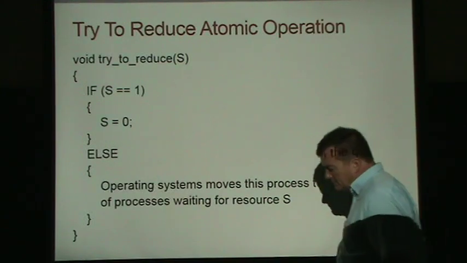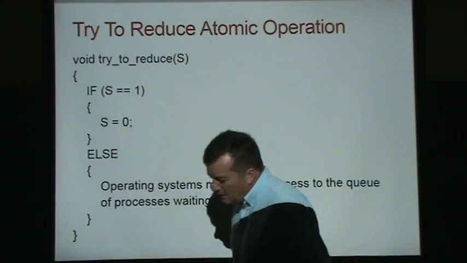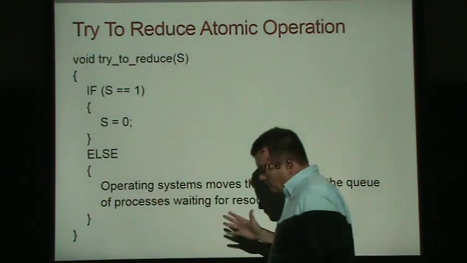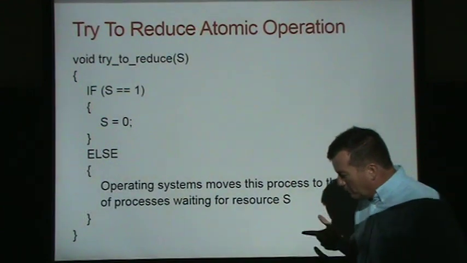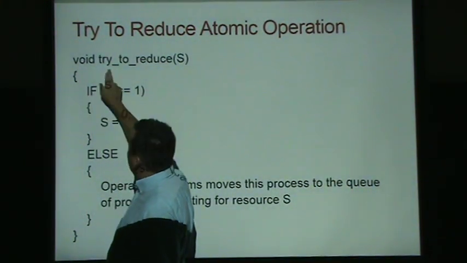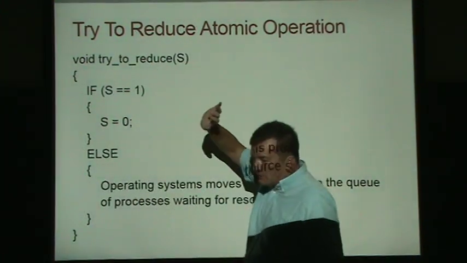So in 1965, the idea was that the method would go like this. Someone came along, we'll talk about them in a second, and said, why don't we have a method we'll call try to reduce, and there's a variable attached to it.